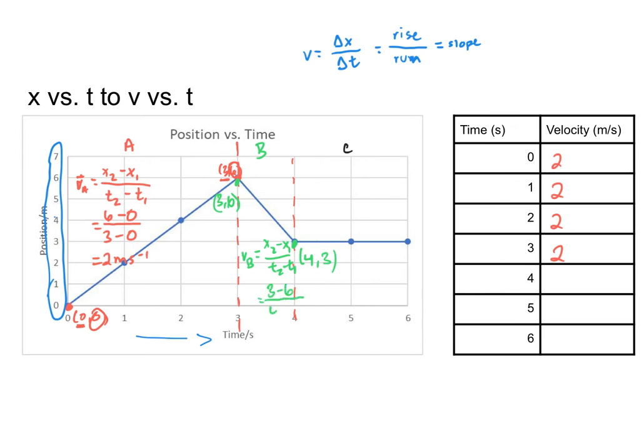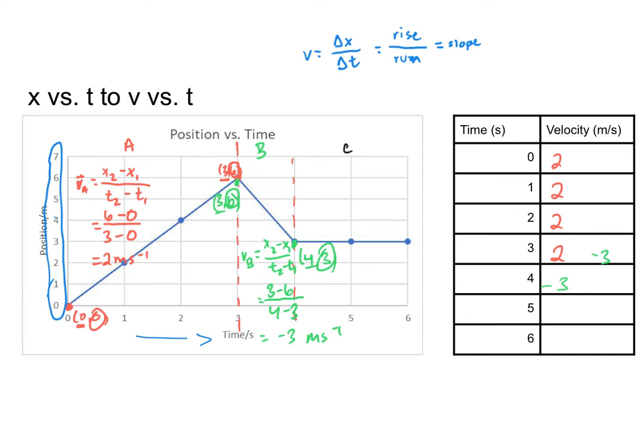My final time is 4 and my initial time is 3. Again, positions and times, giving me a velocity of negative 3 meters per second. So for 3 and 4 seconds, I'm going to write negative 3 as my velocity for both of those points.